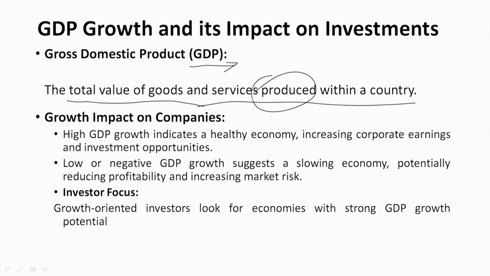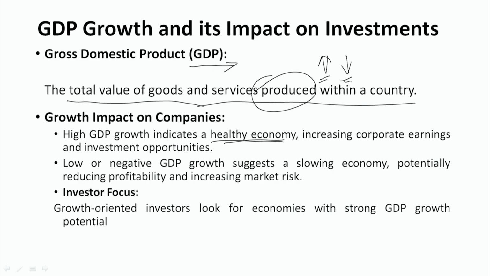And this GDP can go high or it can come down. So based on whether it is going up or down, we can consider the health of the economy and the corporate functioning. So if the GDP growth rate is high, it says that the economy is healthy.